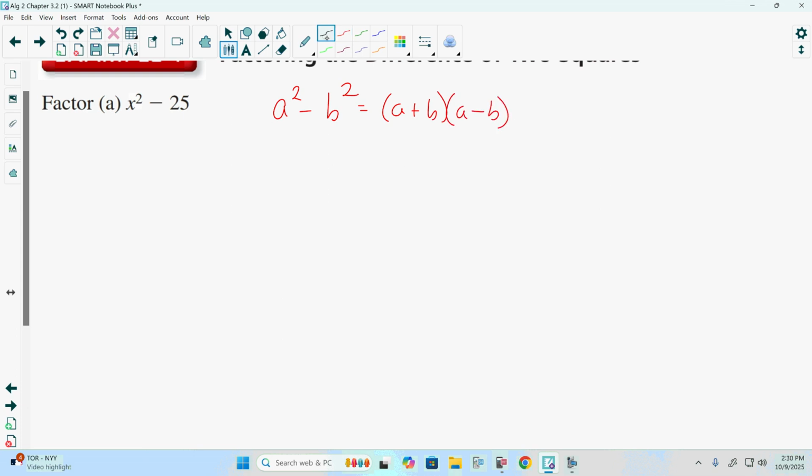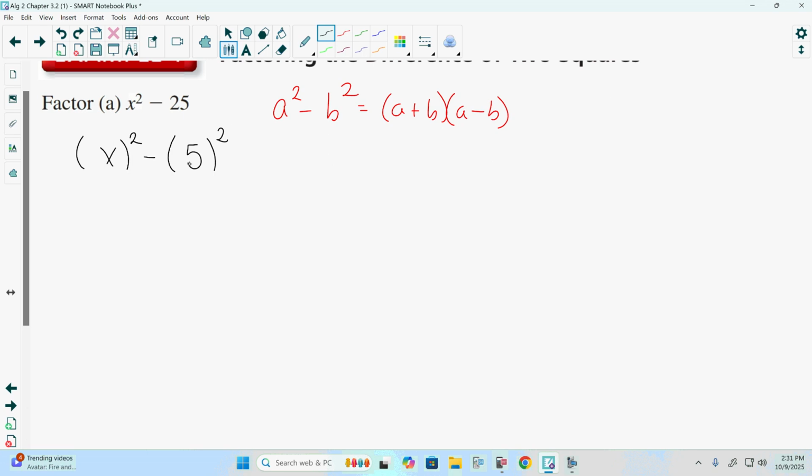We can rewrite it in this form of a squared minus b squared, a term squared minus a term squared. Now x squared is the same as x squared, because x times x gives us x squared, so that's our first term. Now 25, what times itself is 25? 5, because 5 times 5 is 25, or 5 squared is 25.